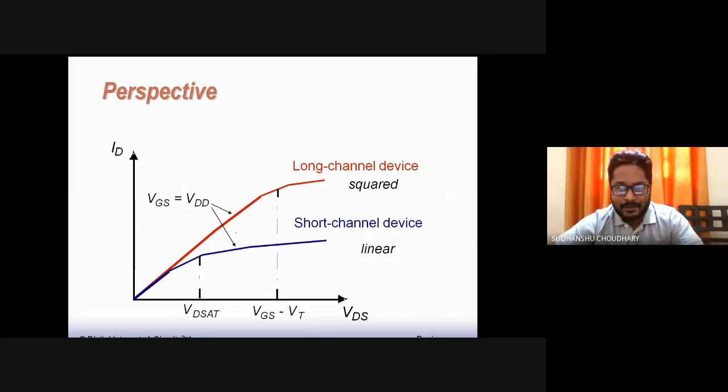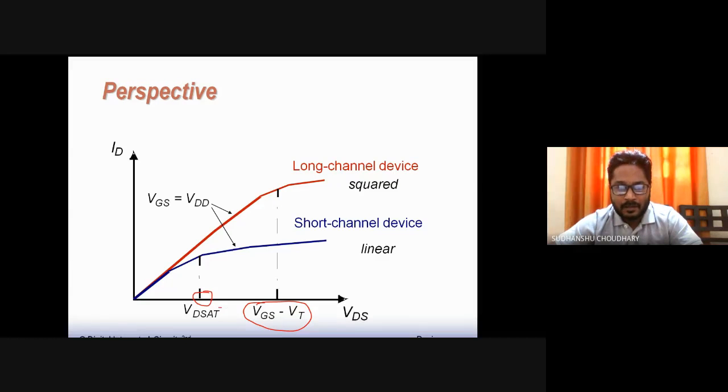So here is a comparison of the currents in a long channel device and a short channel device. You will see here that because of velocity saturation, the saturation voltage VDS is reduced, that is, early saturation we are seeing at small values of VDS. In the long channel, unless VDS is equal to VGS minus VT, the MOSFET doesn't saturate.